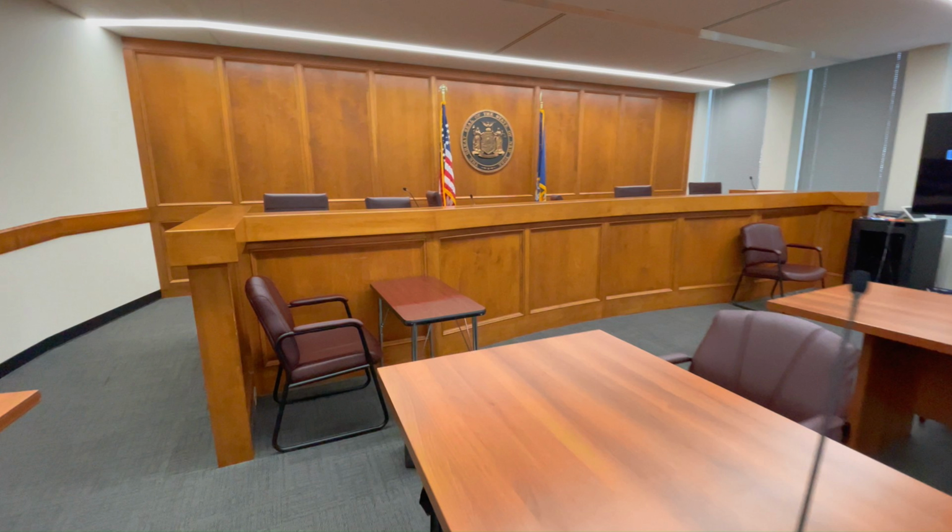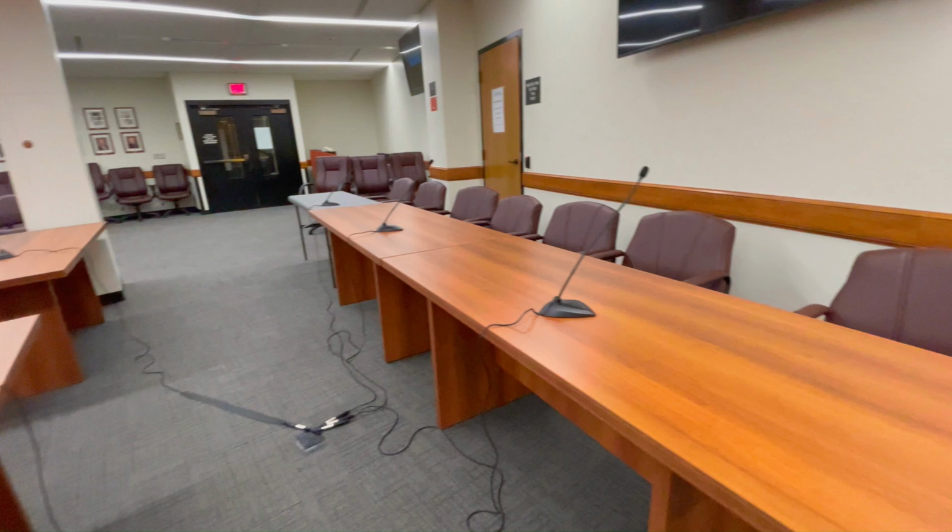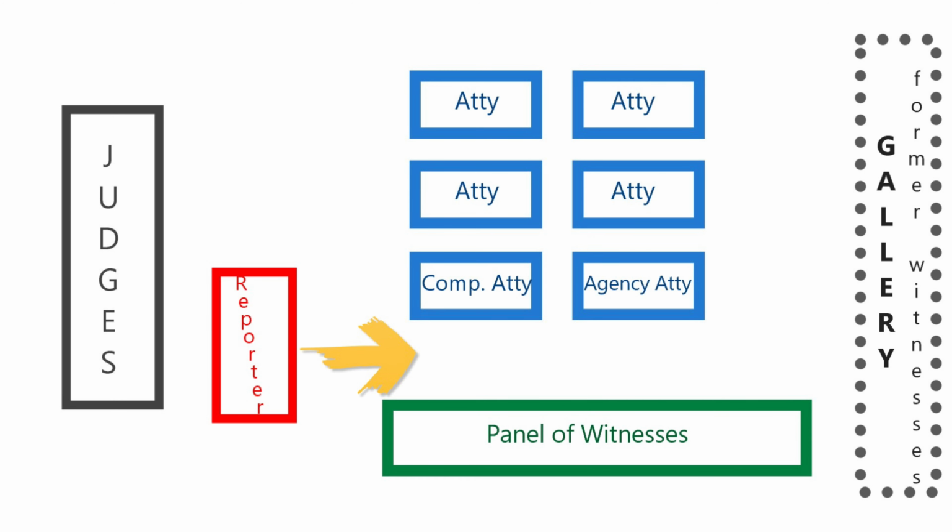Otherwise, you will have to turn your head backward each time to see which witness responds to a question raised by an attorney, because it's not one witness who is examined solely, it is a panel of witnesses.